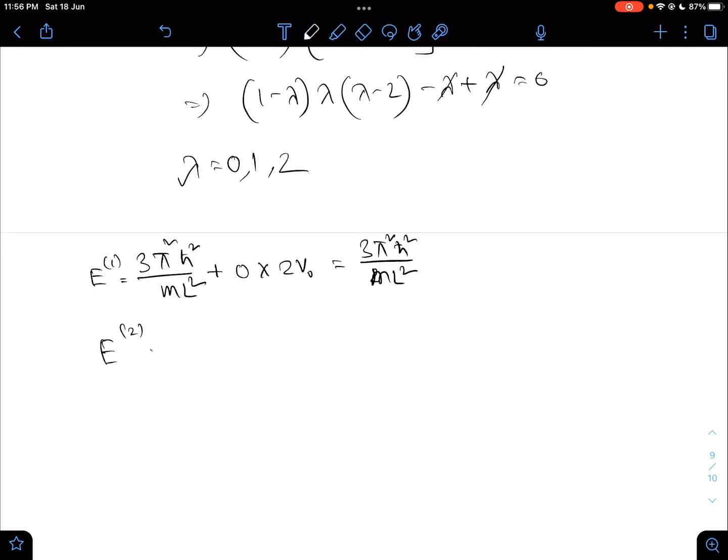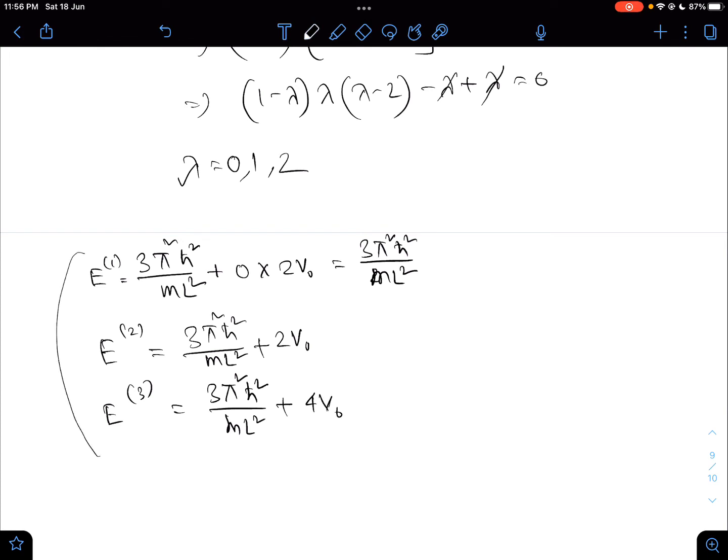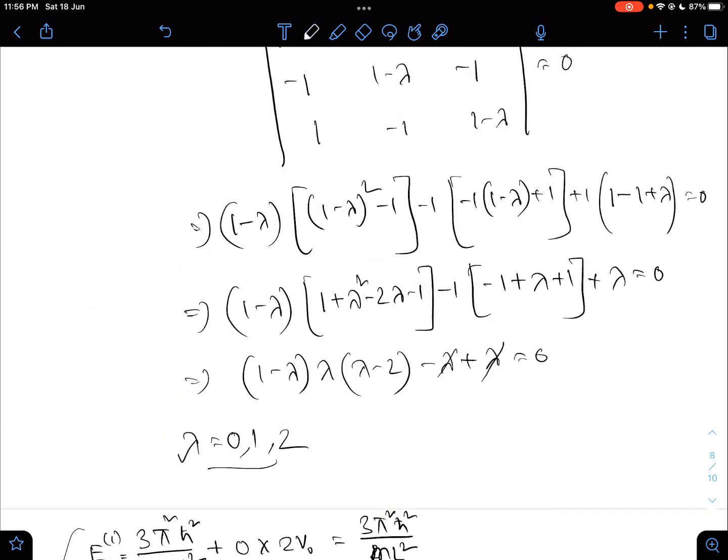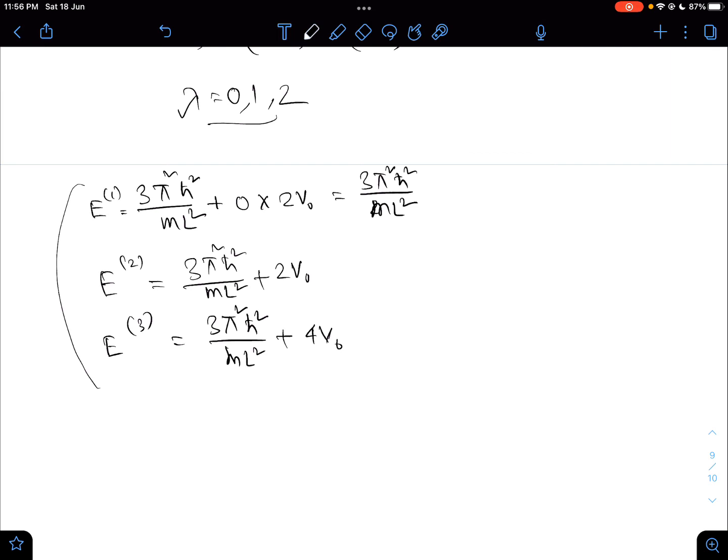The second energy value will be 3 pi square h cut square by m L square minus 2V0, and the third value will be 3 pi square h cut square by m L square plus 4V0. So these are our non-degenerate energy eigenvalues, and using these eigenvalues we can calculate the corresponding eigenvectors. That means we can calculate our good linear combination of eigenstates corresponding to this degenerate energy eigenvalue.